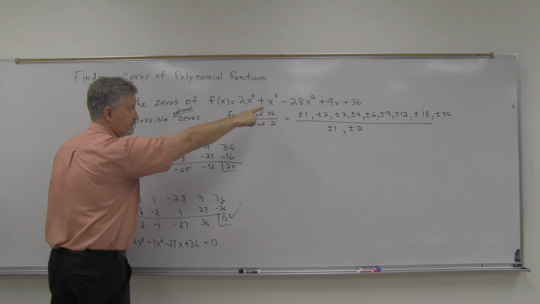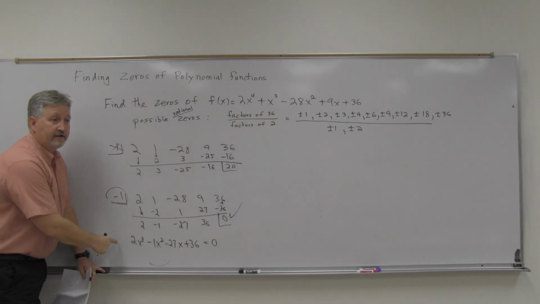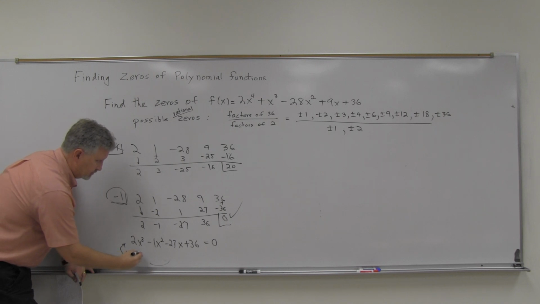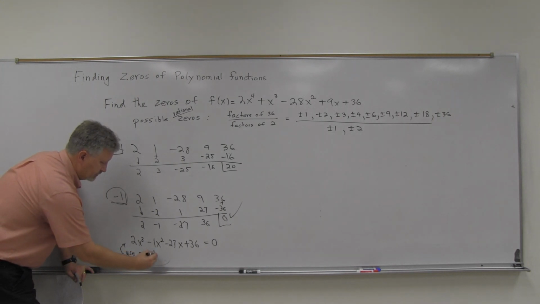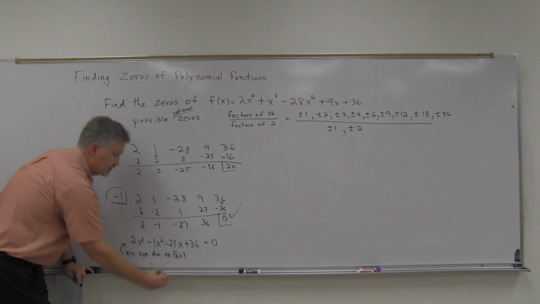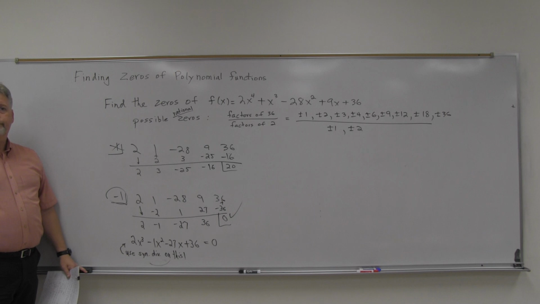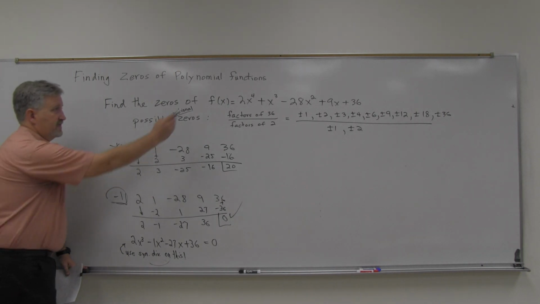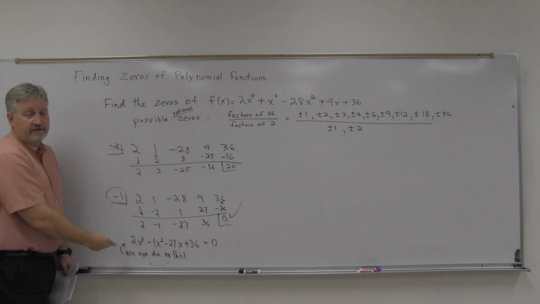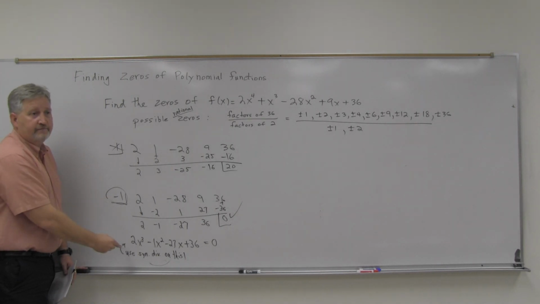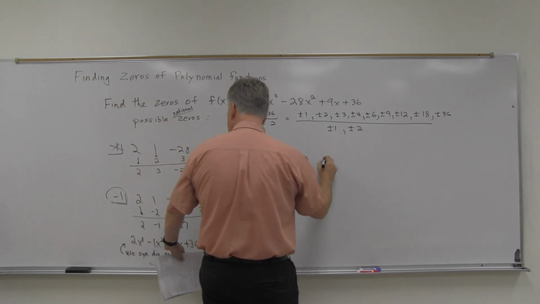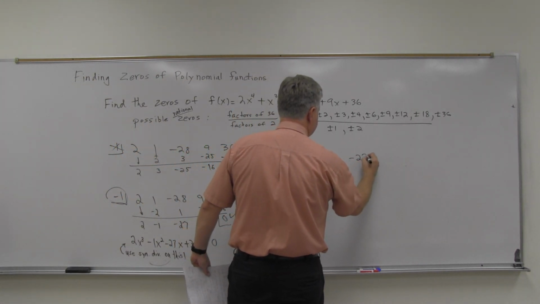When I started with 2x to the 4th, now it's a 2x cubed, so I can use my synthetic division now on this one. All right? I've at least lowered it by 1. So I found a 0 and I've lowered this to a cube. Now, so I put these in my synthetic division.